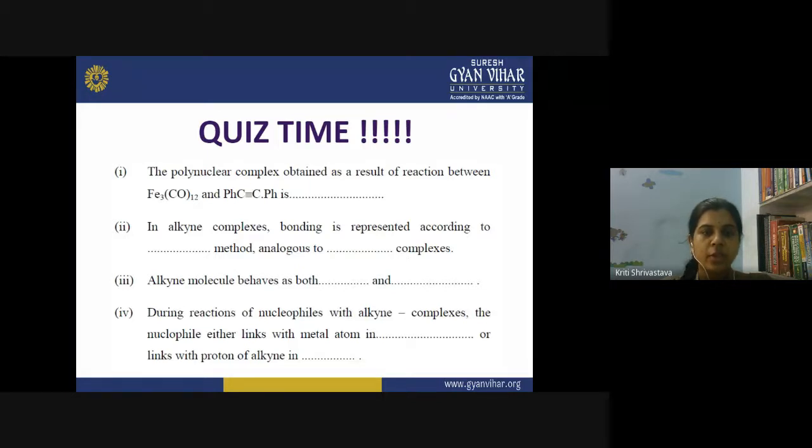Then the fourth question for today is: during the reaction of nucleophiles with alkyne complexes, the nucleophile either links with the metal atom in which state, or links with the proton or alkyne in which state? So these four questions you have to solve yourself, and we will discuss them in tomorrow's lecture.